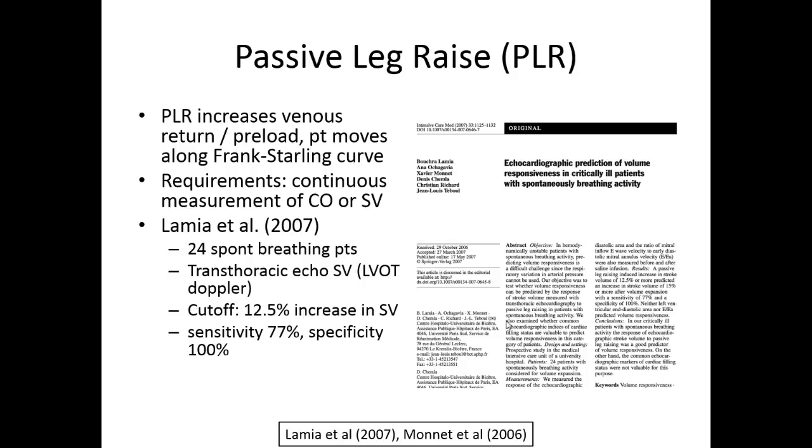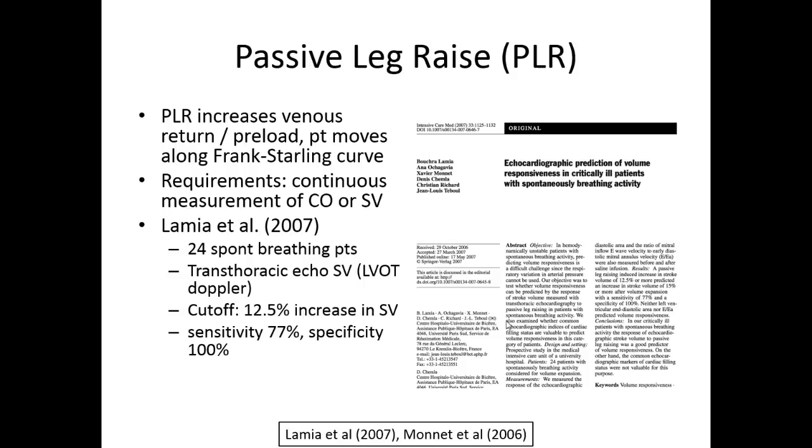And so it's a well-validated technique for measuring cardiac output. And perhaps unsurprisingly then, because you have a predictable modification in a patient's preload and then a well-validated measure of cardiac output, it performed really well.